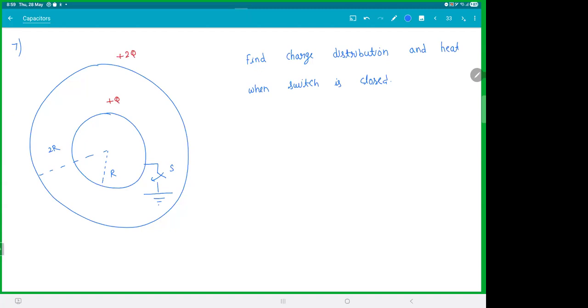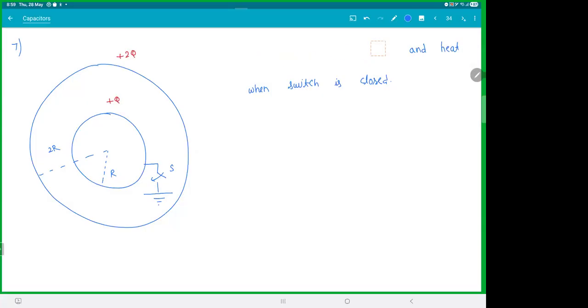Can you find a charge distribution, you can do that, right? Okay, this is after grounding, right? Now, how do you think about energy? Okay, let's see. First, let's get the charge distribution.